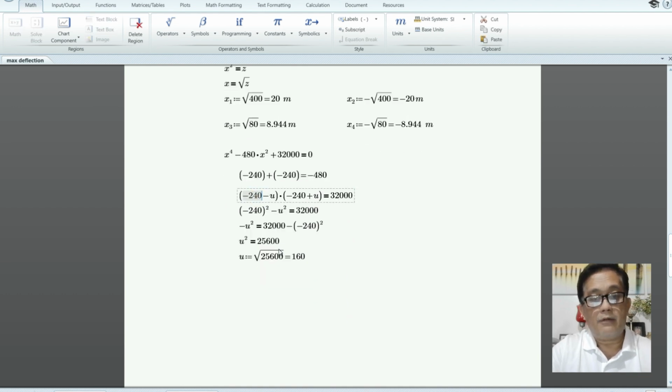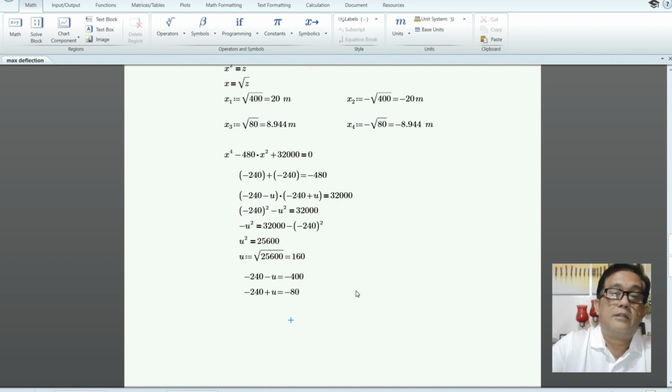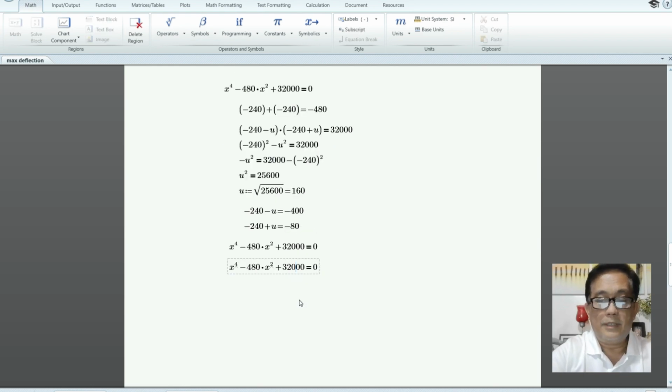This factor now is equal to negative 400, while this factor equals negative 80. So if I'll use the negative sign, this one becomes negative 80, while this one becomes negative 400. So it's still the same. So the factors are negative 400 and negative 80. So this equation will now become, the factor of x to the fourth is x squared times x squared.